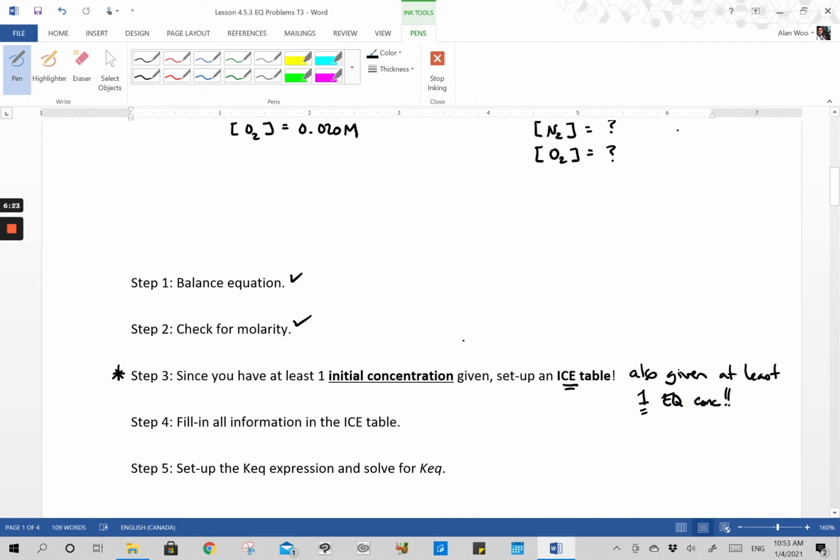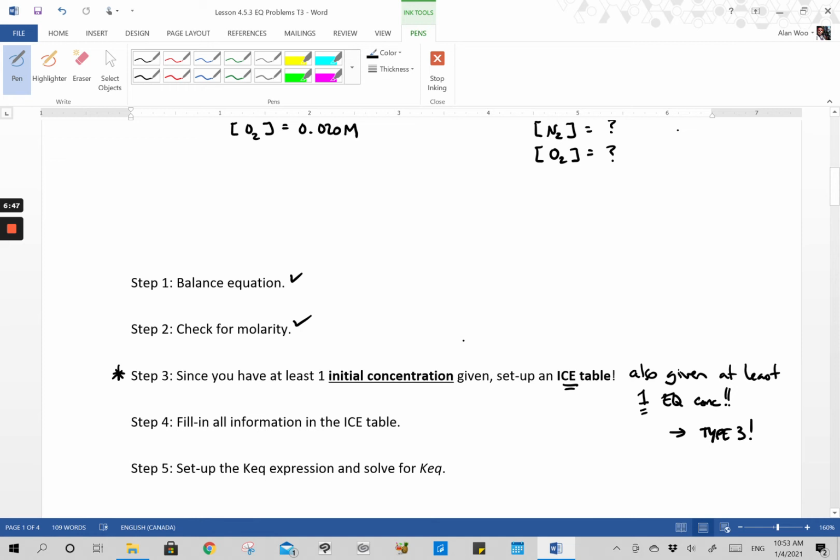Okay. So because you're given at least one equilibrium concentration, this sets it up as a type 3 reaction. You'll realize later on the difference between the type 3s and the type 4 and 5s, and it's basically this given equilibrium concentration.